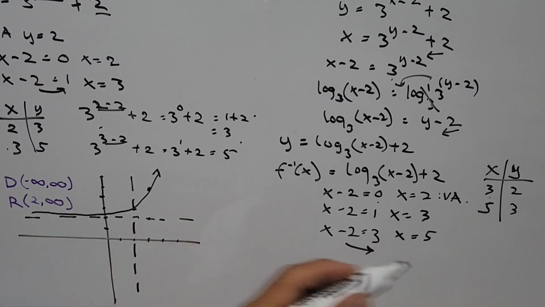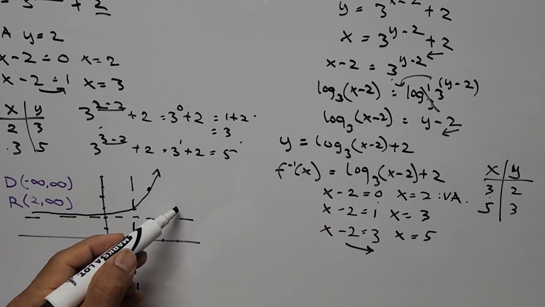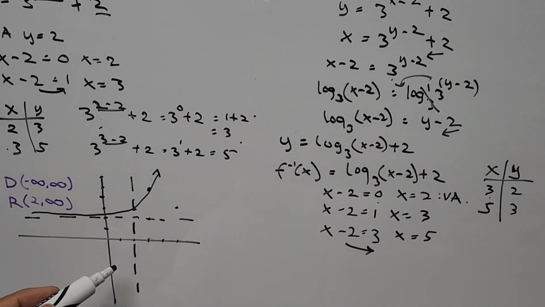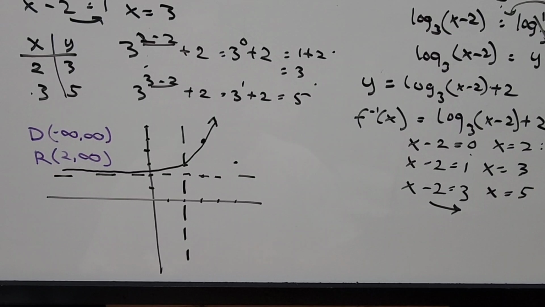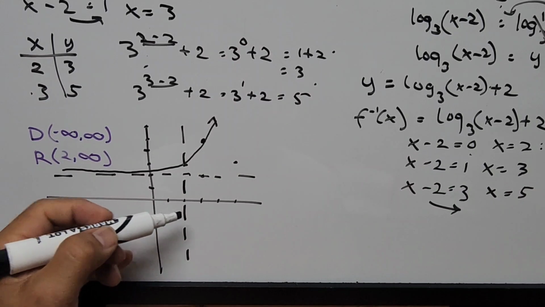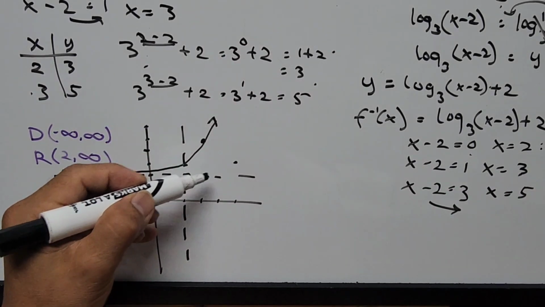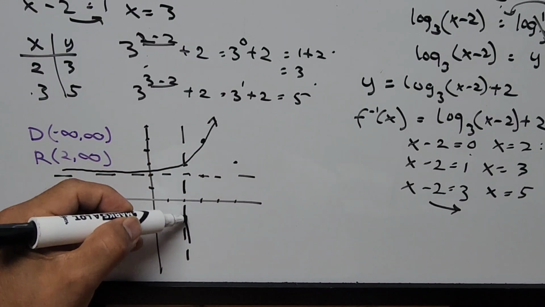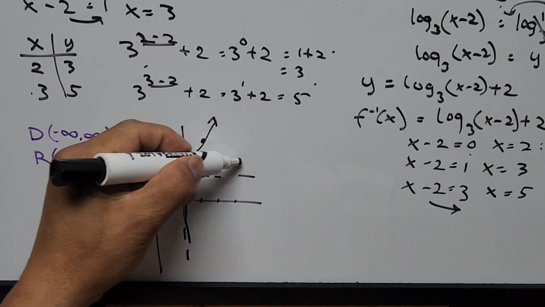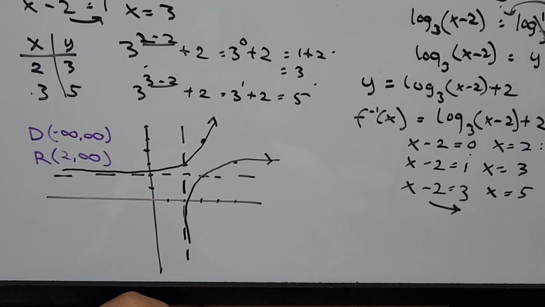Then x is 5, y is 3, 1 2 3 4 5, y is 3, it's here. Now if we draw here the graph of the logarithmic function, it follows the vertical asymptote from x equal to 2 and going up, and follows these 2 points. So that will be the graph of the logarithmic function.